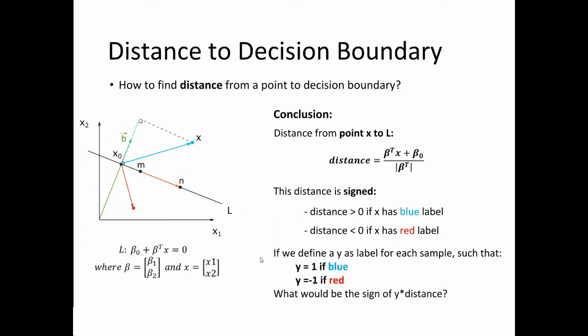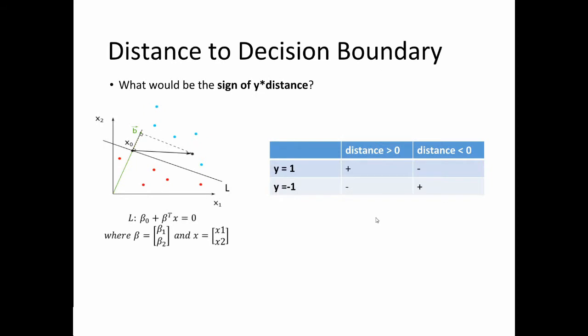Now, if we define a new variable y that is equal to 1 for all dots that have a blue label and equal to -1 for all red dots, what do you think would be the sign of y multiplied by the distance? From the truth table, you can see that for all the dots whose y is equal to 1, that is all the blue dots, their distance is a positive number.